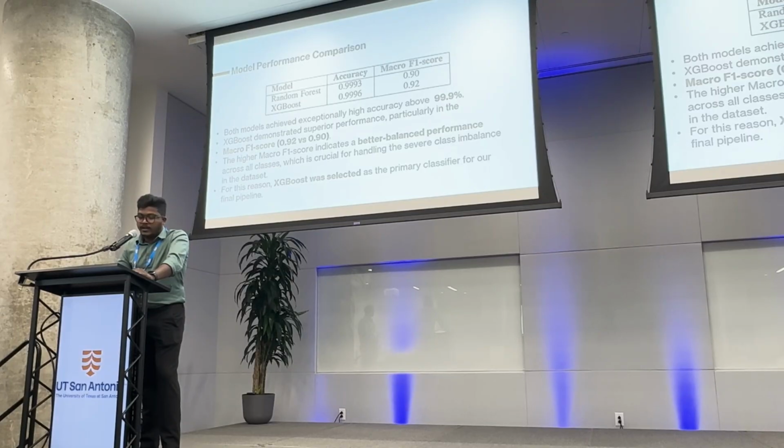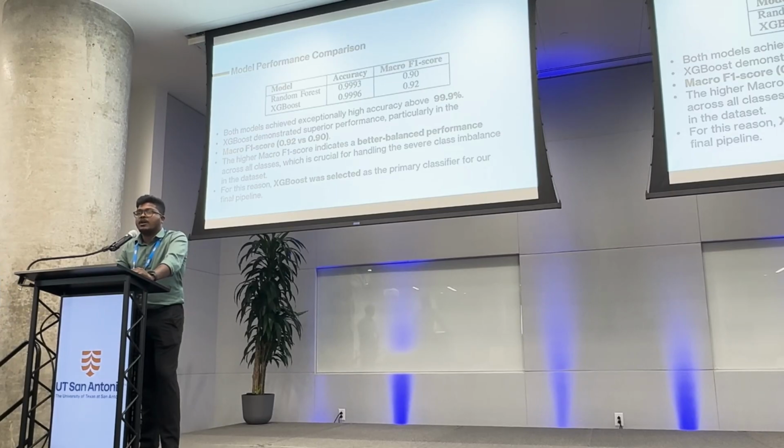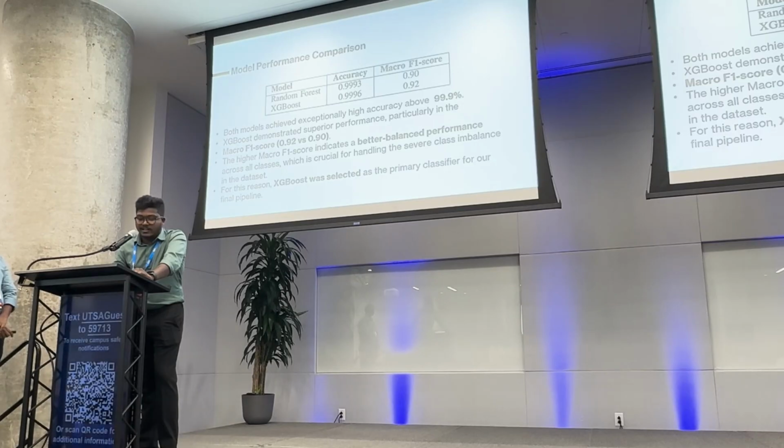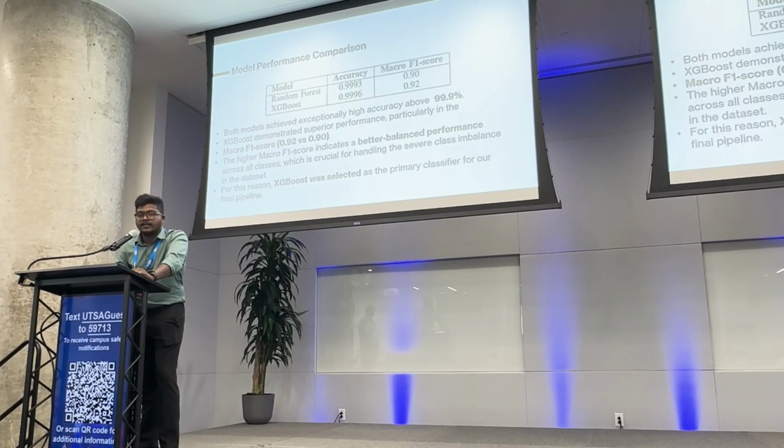The more telling metric is the macro F1 score, which balances the performance across all classes, including minority ones. Here, XGBoost clearly outperforms the random forest with a macro F1 of 0.92 compared to 0.90. The improvement looks very small numerically, but it makes a significant difference in detecting rare attacks.